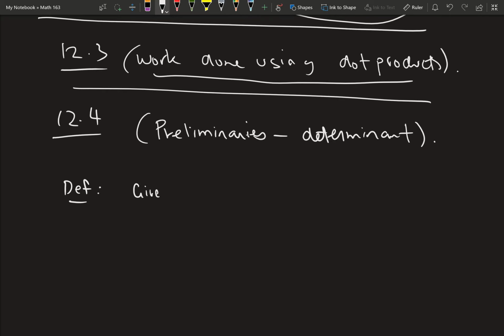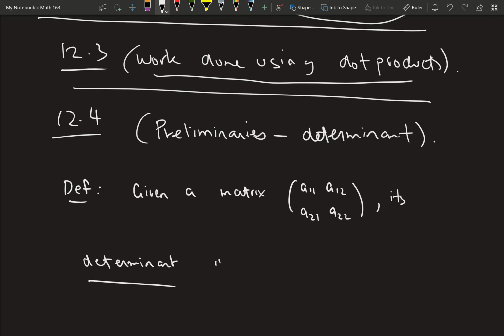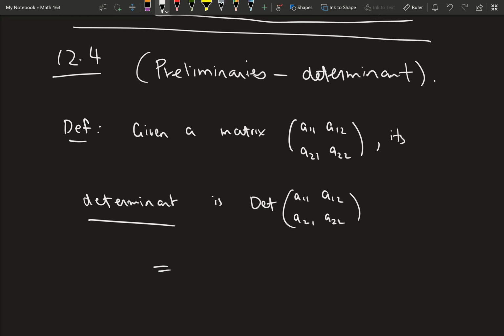So given a matrix A11, A12, A21, A22, its determinant is, well, we're going to denote it det of A11, A12, A21, A22, which in calculus we tend to just put a kind of straight line on each side here, so we don't have to write the det every time.